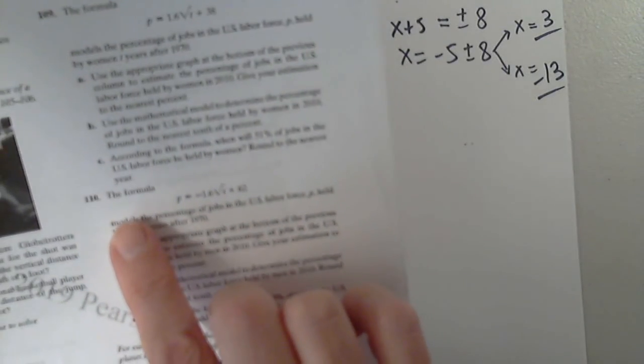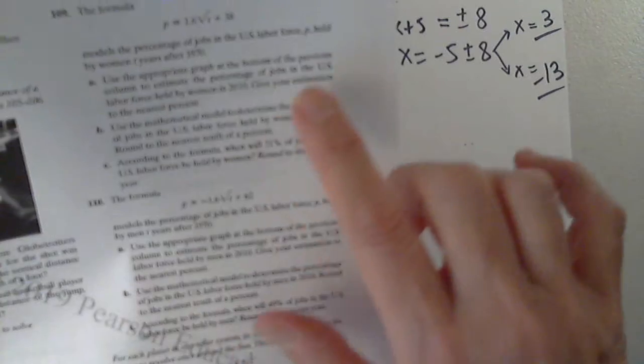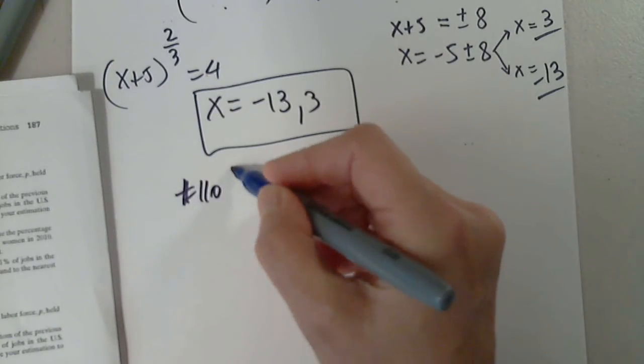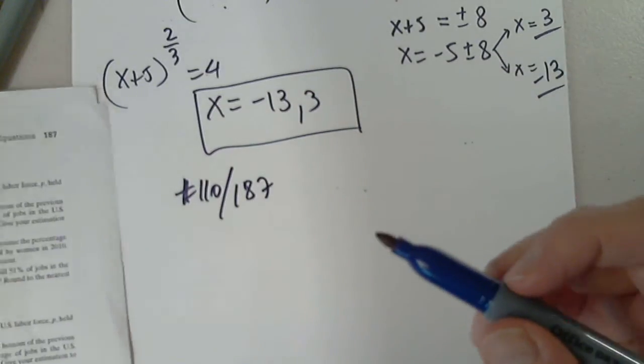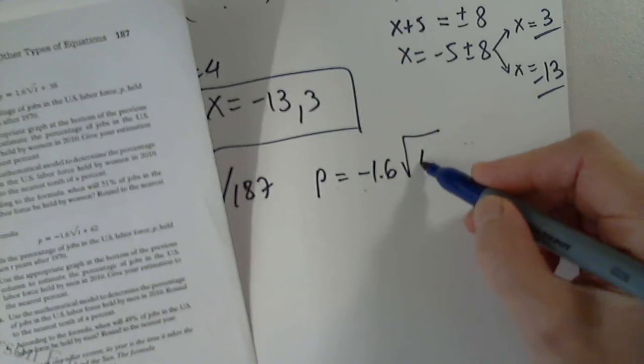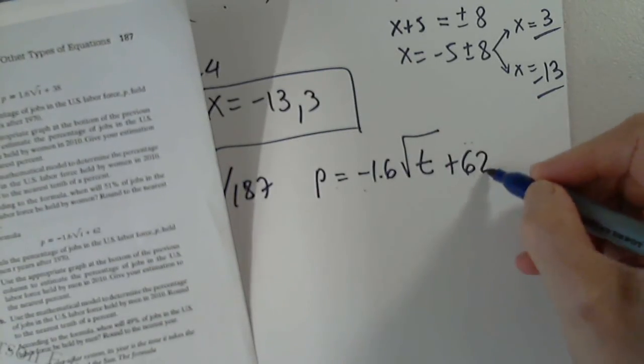So here's a problem, problem 110 on page 187. We have P equals negative 1.6 times the square root of t plus 62.